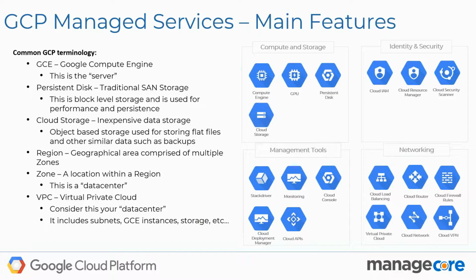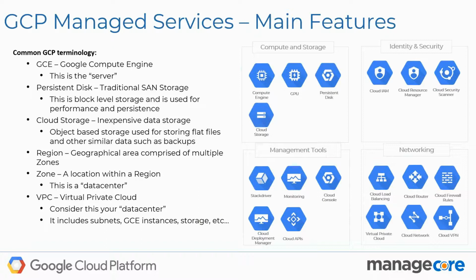One specific one is SSD, as an example, can be local within that zone, or they have regional SSD, which means it spans the entire region. They also have standard HDD disk and different types of technologies within that framework as well. So you need to understand and choose your disk wisely based on your needs.